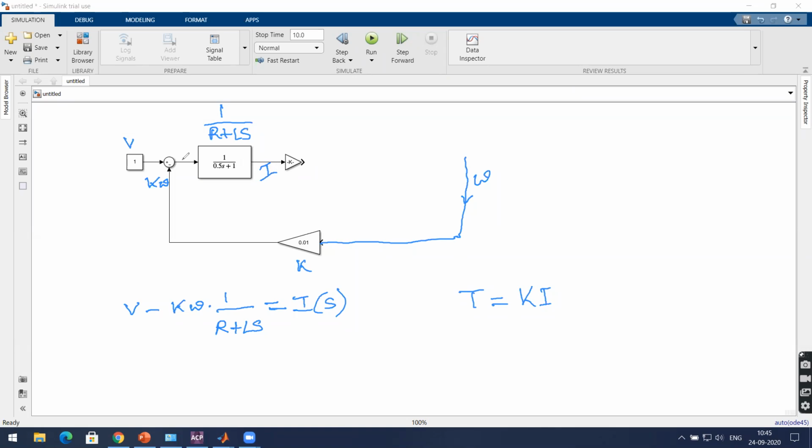What goes in here? It is V minus K omega. V minus K omega is what is going inside. Okay. Multiplied by 1 divided by R plus Ls, you get I. Okay. So if you multiply I with K, you get torque. Okay. So you get torque, and then from torque to omega, how do you do?